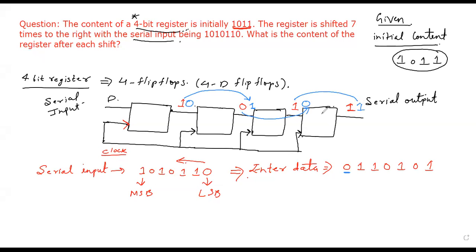This is the first step, when we entered the value 0. If you look at the blue bits, it shows 0, 1, 0, 1. Initially it was 1, 0, 1, 1. After the first shift, my value is 0, 1, 0, 1.